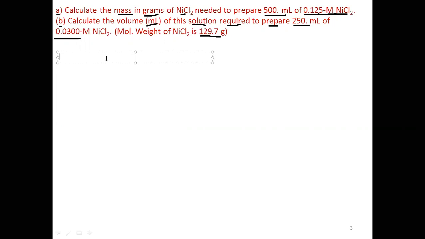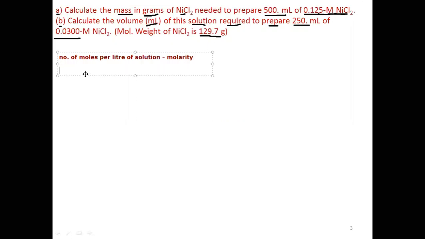Molarity is the number of moles per liter of solution. Why have we written the definition of molarity? Because we have been given 0.125 molar nickel chloride solution. Now what does this mean?